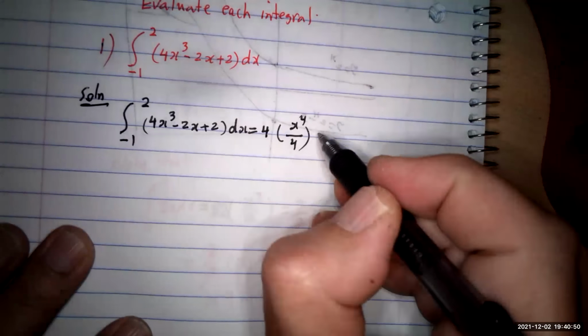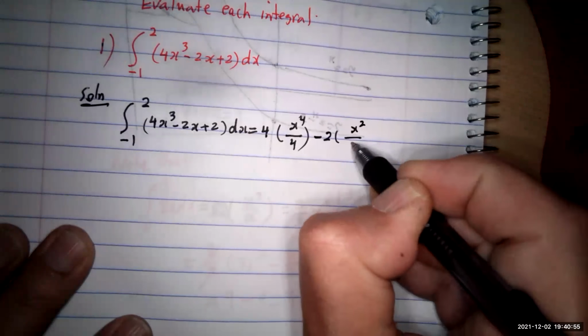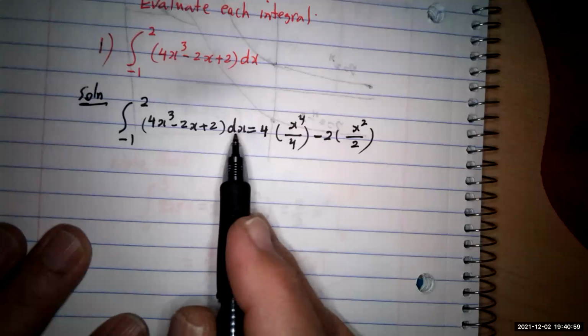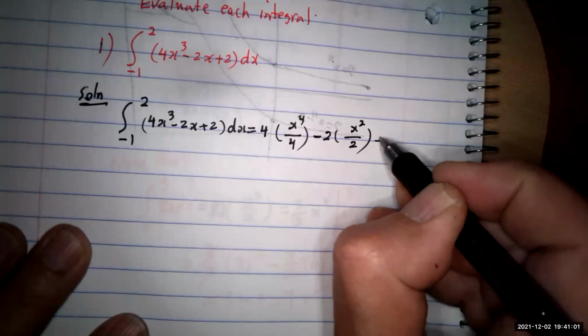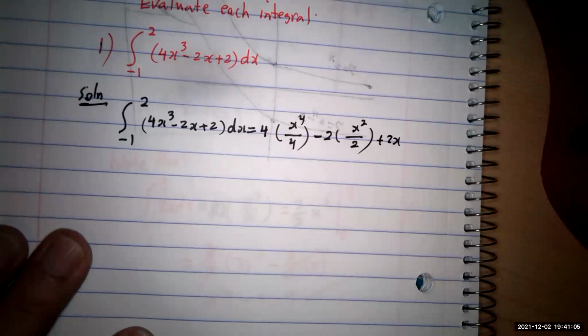Next, minus 2 is a number, keep it. x squared over 2. Positive 2 is 2x to the 0, so it's going to be 2x. No constant, because you evaluate from -1 to 2. Even if you add the constant, it would cancel out, but we don't write it down.